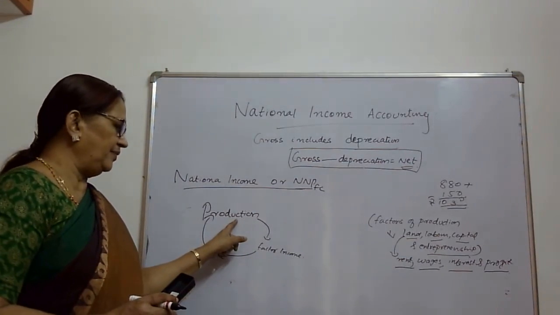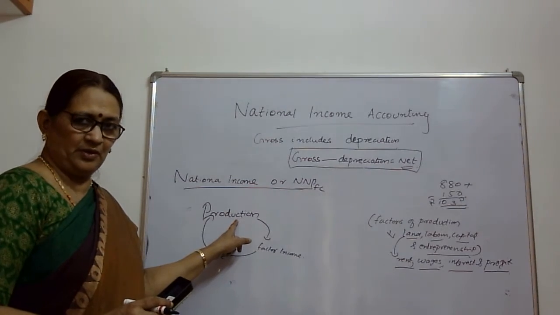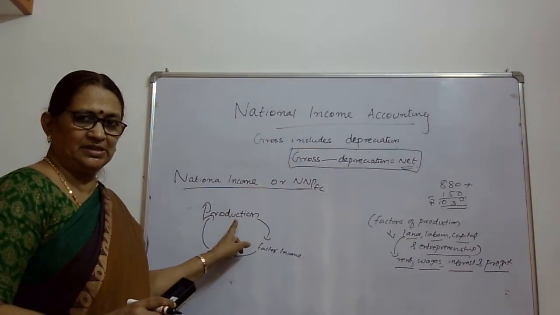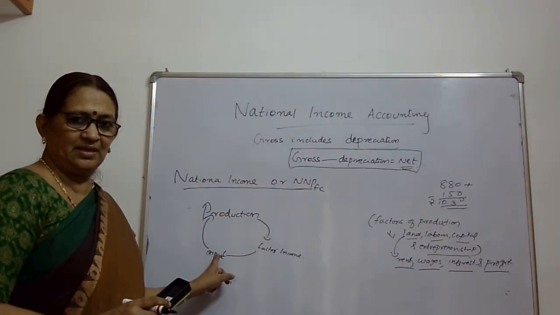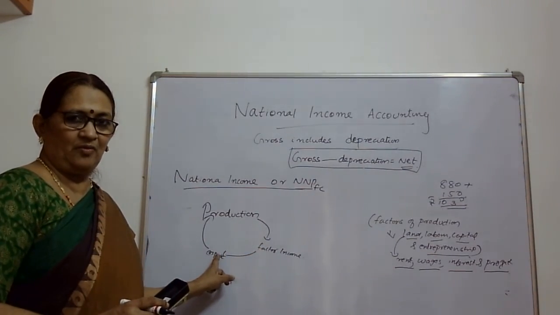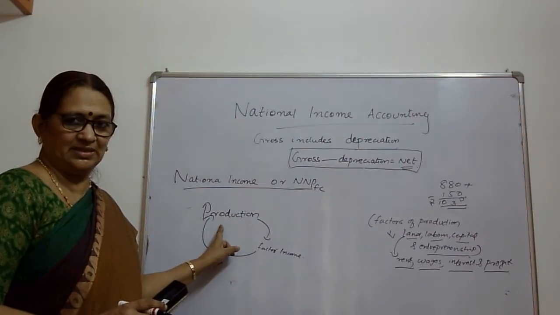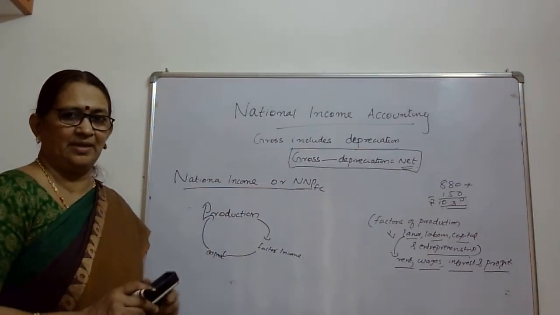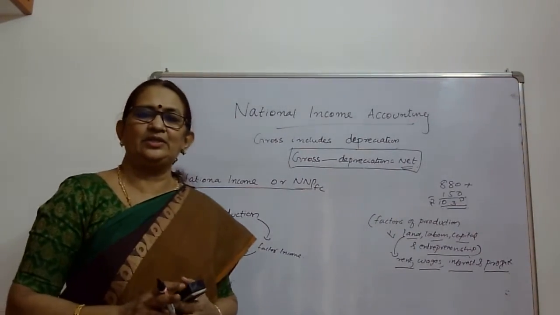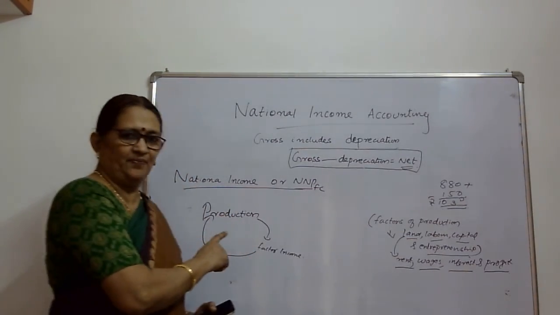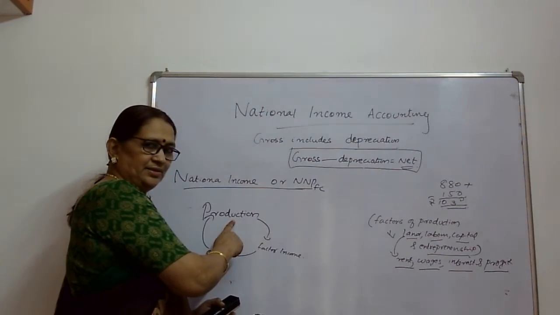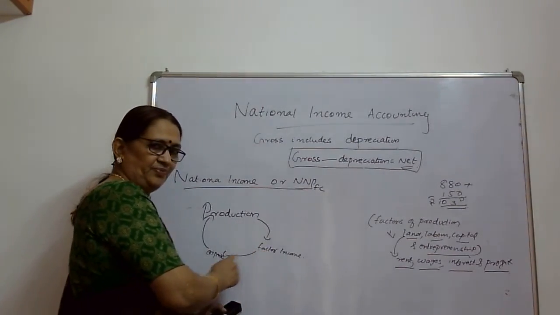Okay, so that value of the goods and services produced, this production generates income and this income is spent for purchasing the goods and services. So we can prove through national income accounting, it is actually the national income is measured in these three ways: production or value added, factor income, expenditure.